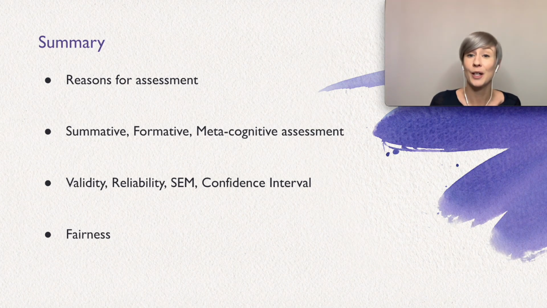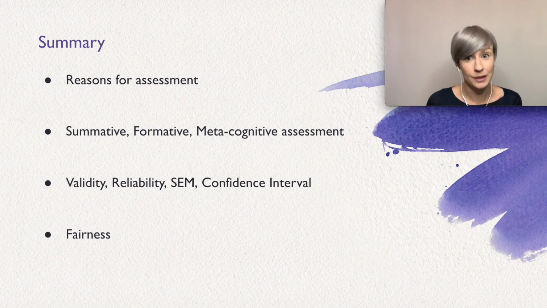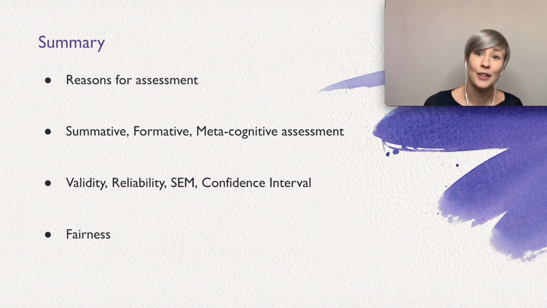We talked about how the observed score is the true score plus minus the error, and the error can be systematic or random. We talked about confidence interval. How big is the interval of this error? And we also talked about how validity and reliability relate to each other. In the end, we mentioned fairness and absence of bias and systematic issues that affects the results.